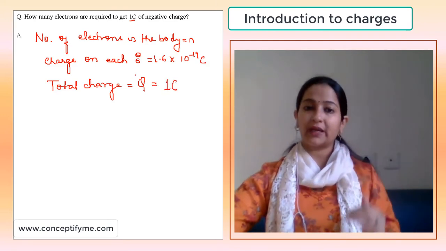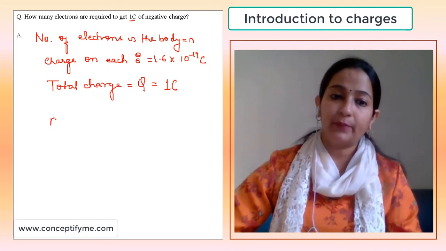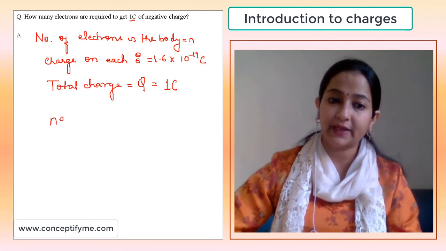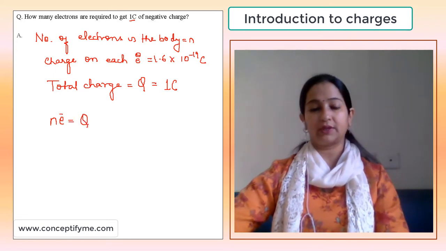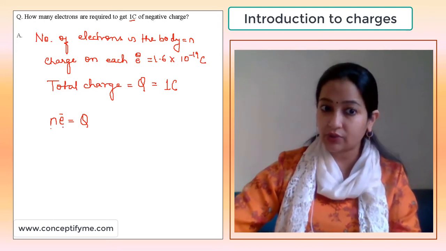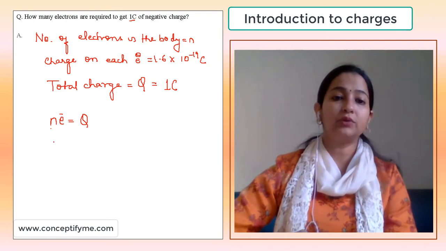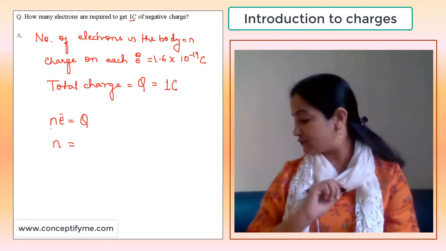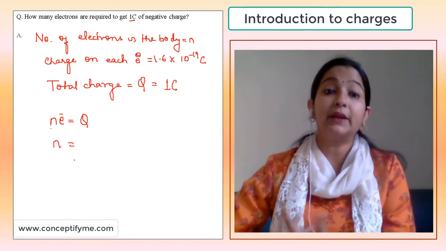Now if we form an equation, the number of electrons in the body multiplied by the charge on each electron gives you the total charge on the body. What we have to calculate is n, that is the number of electrons.